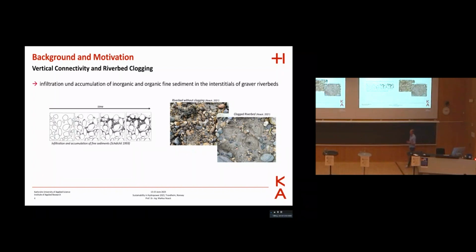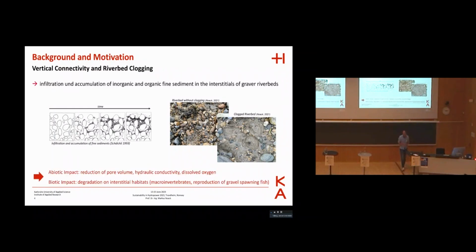Clogging is basically the infiltration, but also the accumulation of fine sediments in the interstitial of gravel riverbeds, as you can see on the pictures here. And from an abiotic point of view, this leads to a reduction of the pore volume, the hydraulic conductivity, but also to a reduction of dissolved oxygen. And this is having a biotic impact, especially on macroinvertebrates, but also, for example, on the reproduction of gravel spawning fish.